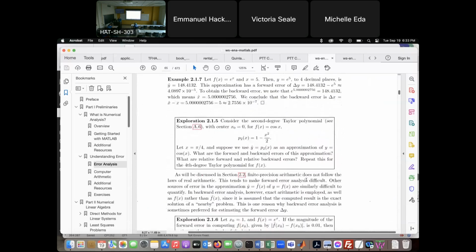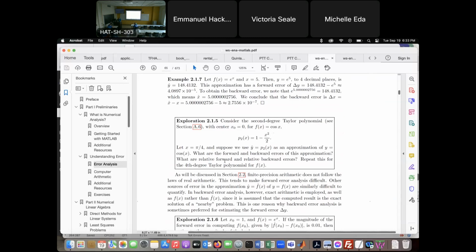So you do that for this second degree Taylor polynomial for cosine, and then you do it again for the fourth degree Taylor polynomial, which is this plus an additional term: 1 minus x squared over 2 plus x to the 4th over 24.